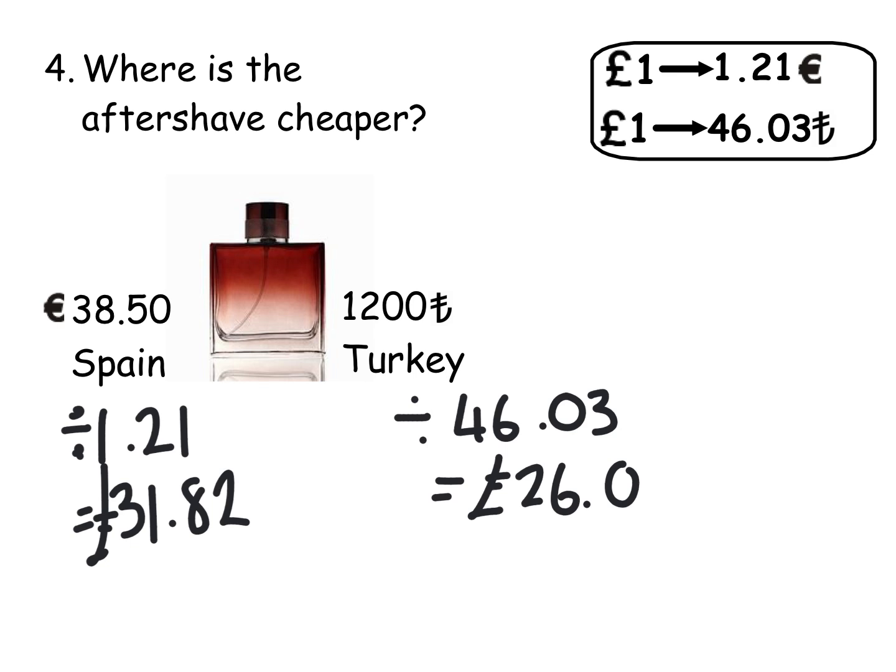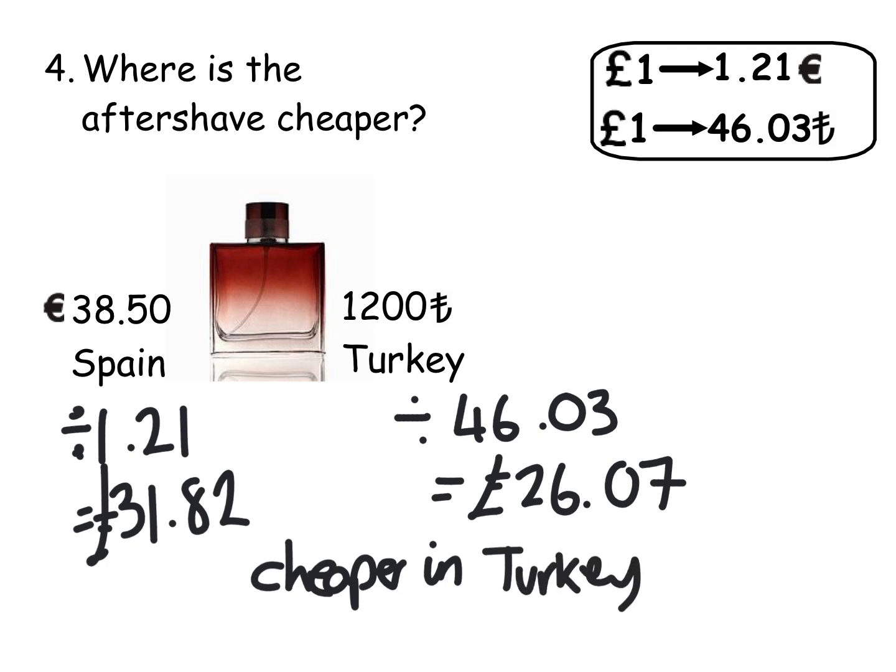So if I take that back, that's going to go to 7 pence. Where was it cheaper? It was cheaper in Turkey. And if you wanted, you could show off and say by how much cheaper, which was £5.75.